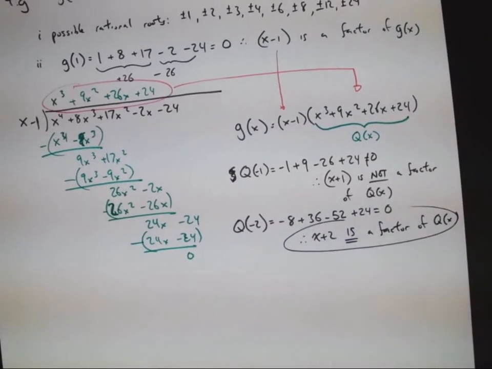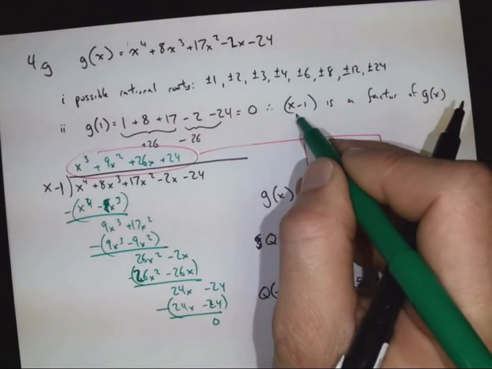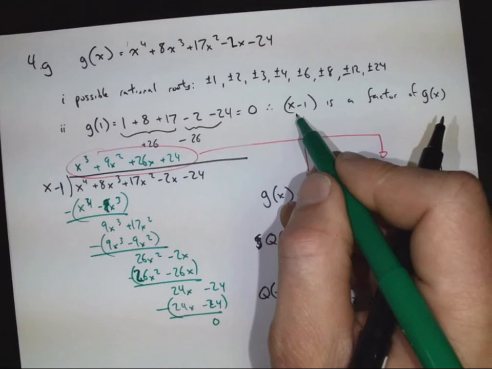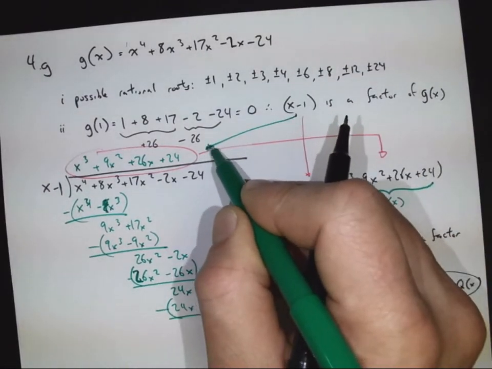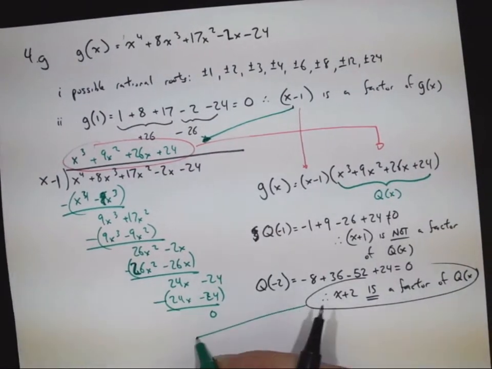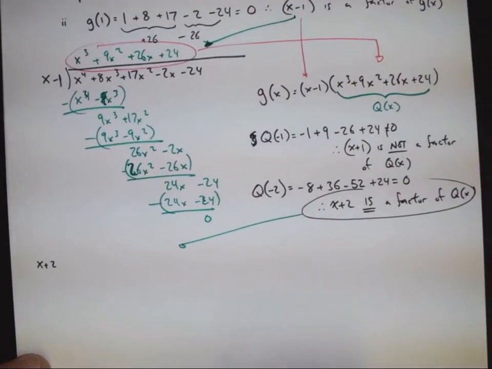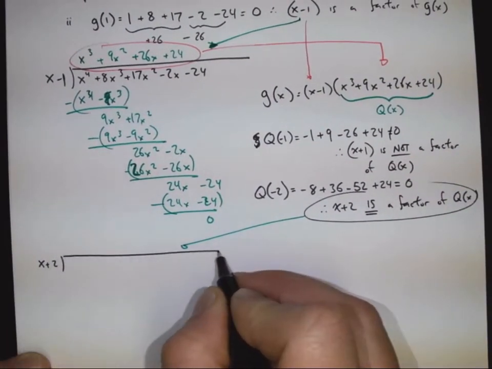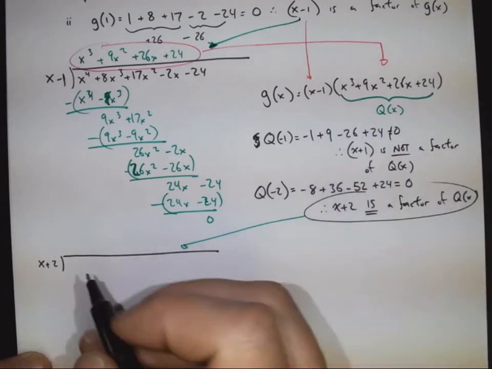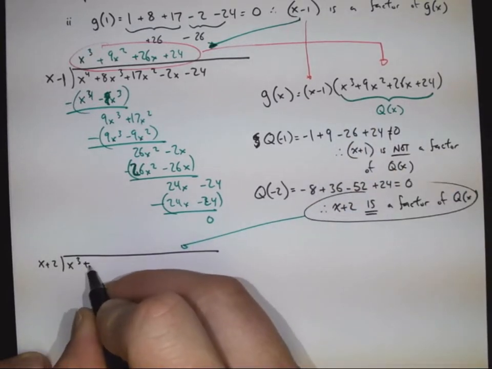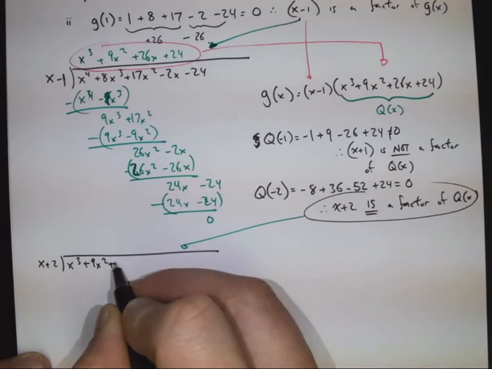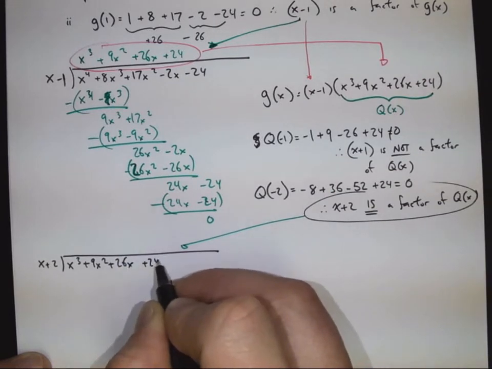All right, so just like we found this x minus 1 was a factor of our function, so we went to long division. We're going to take this and do another long division here, x plus 2. And hopefully this will require fewer steps because there are fewer terms. We get x cubed plus 9x squared plus 26x plus 24.